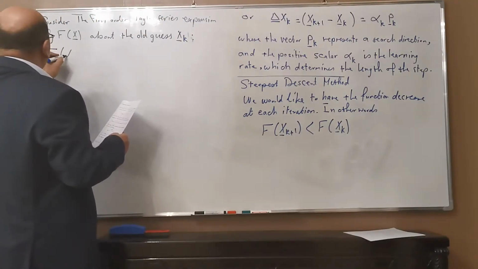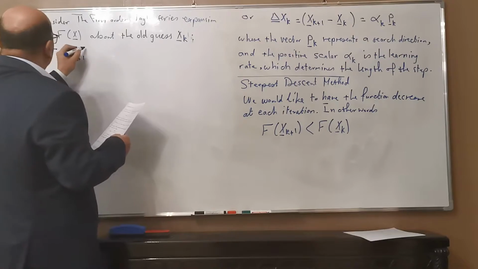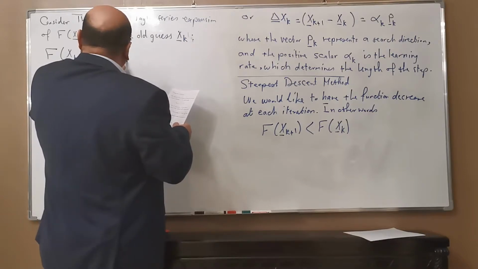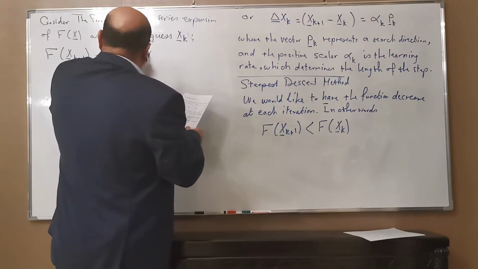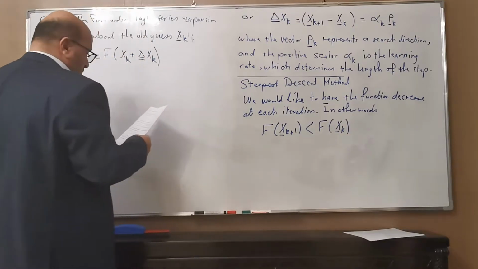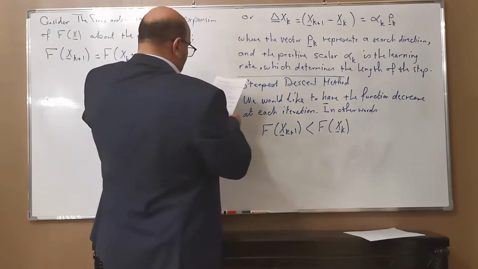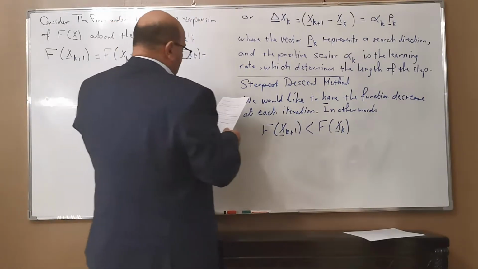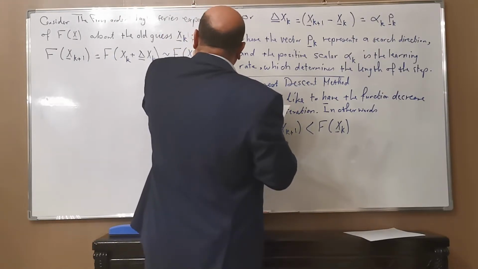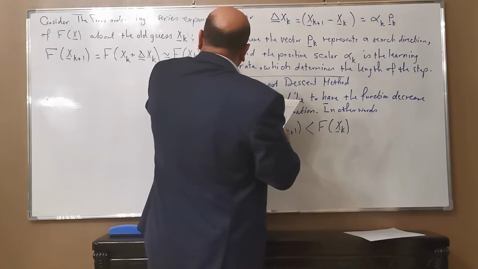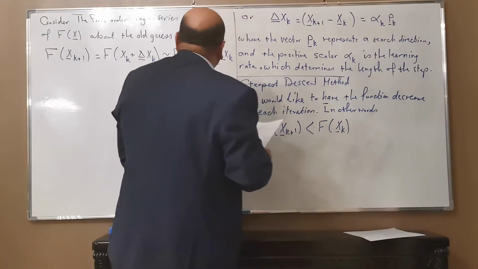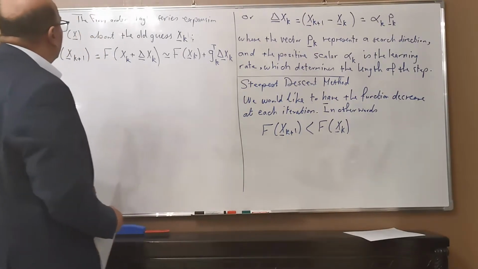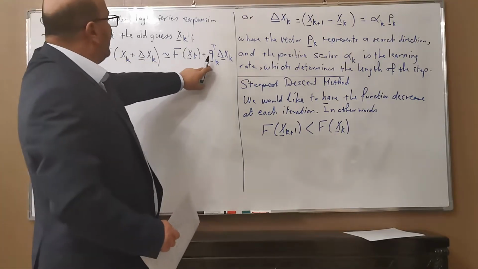So the expansion at the new guess should equal to f of x k plus delta of xk. So this is equals to f at xk plus gk transpose delta of xk. gk is the gradient of f evaluated at the old point, which is xk.